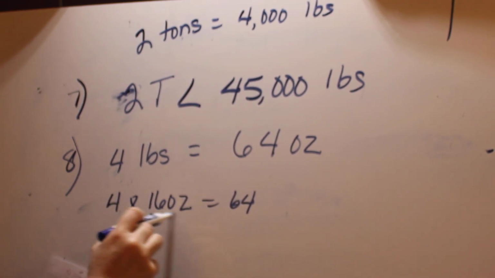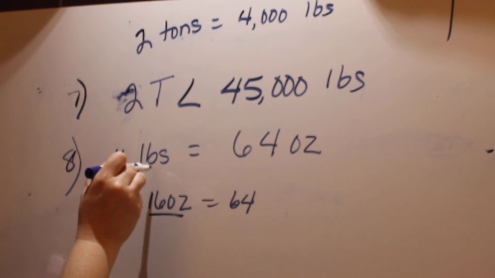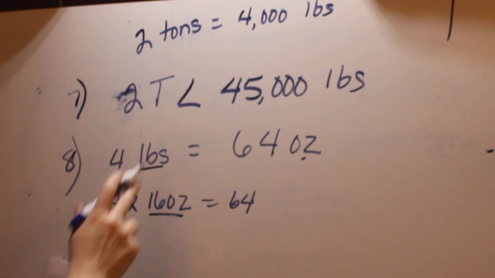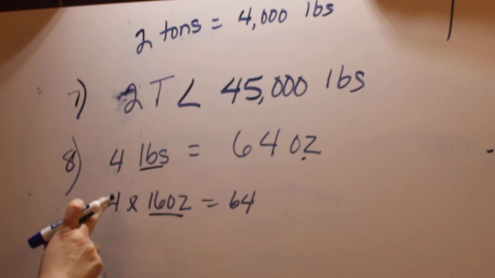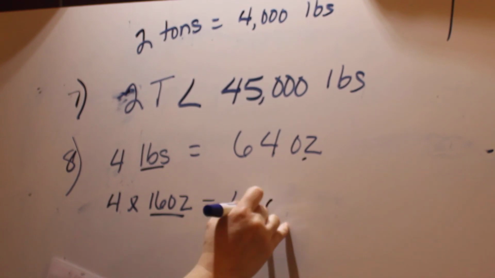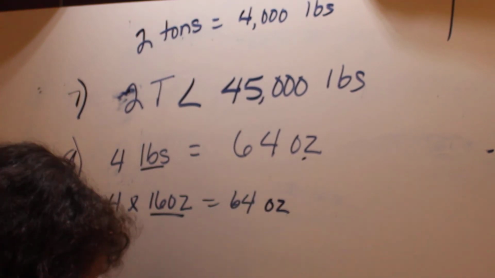And why did I multiply by 16 ounces? Because I'm going from pounds to ounces. So horse to fly, multiply. So my pounds times 16 ounces in a pound gives me 64 ounces.